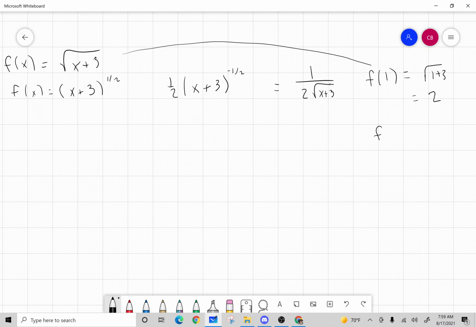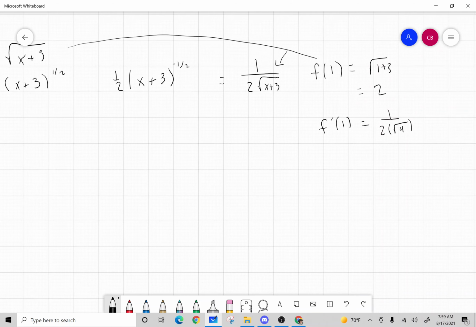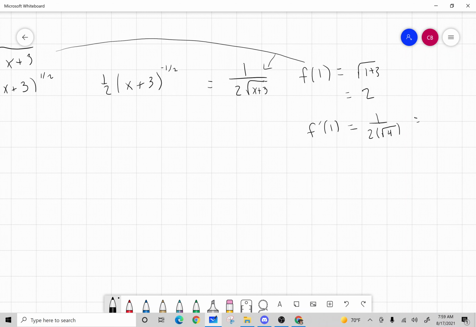And f prime of 1 is 1 over 2 times the square root of 4, which is 1 over 2 times 2, which is 1 over 4. So there are 2 values.